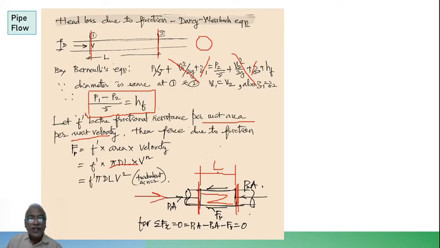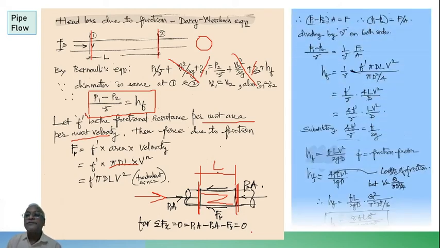So equation can be written as, for sigma Fx, right, which is P1A, A is cross sectional area of the pipe, minus P2A minus Fr equal to 0. We assume that there is no accelerated motion, because of that resultant force acting on the liquid has to be 0, right.